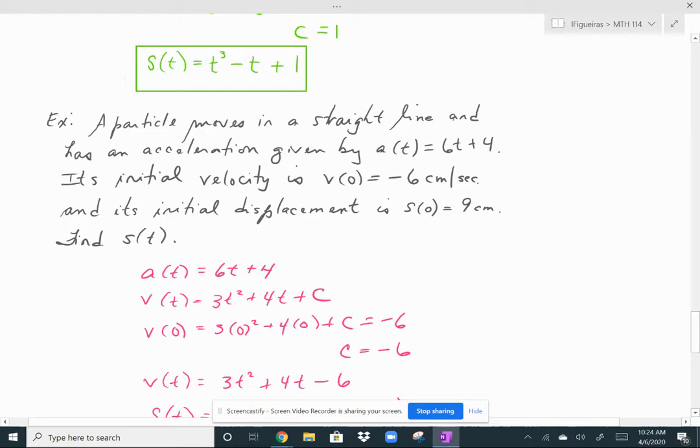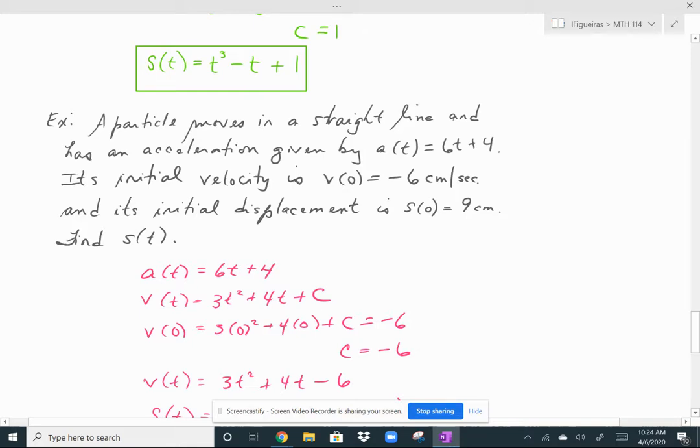So you're given acceleration, you need to find displacement, which means that you need to take the antiderivative twice, and you're given an initial value for velocity, and you're given an initial value for displacement. So we'll be using all of this information to come up with our answer, which is the displacement function.